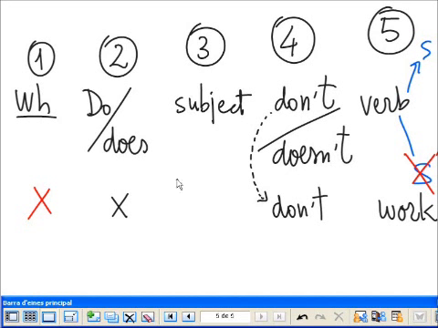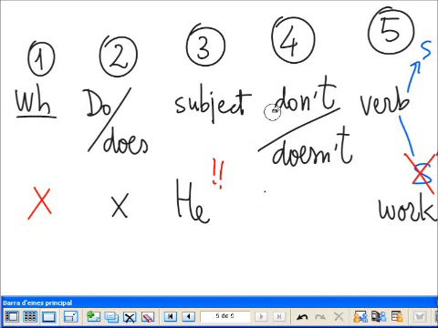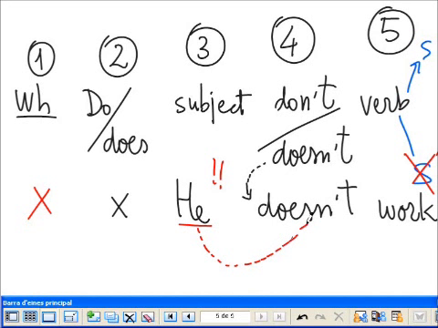Now, things change when we have he. Ell no treballa. He is third person singular. So it's not don't, it's doesn't. You see? He doesn't work. Do you remember the S in the affirmative sentence? Well, the S is here. It's not don't, it's doesn't. With the beautiful, terrible, famous S. Another example.